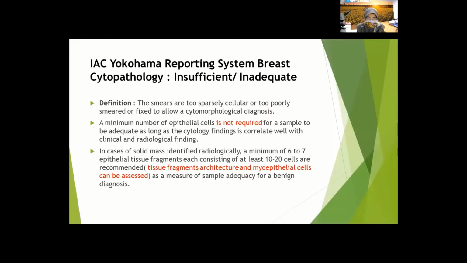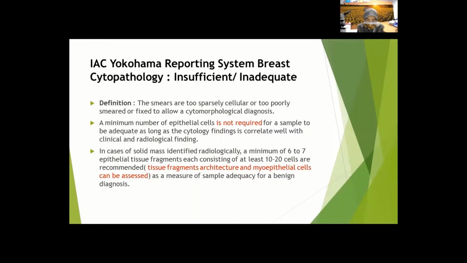So for insufficient or inadequate, basically they define the smears that are too sparsely cellular or too poorly smeared, or anything related to fixation that makes it unable to proceed with cytomorphological diagnosis. Now, a minimum number of epithelial cells is no longer required for a sample to be adequate, as long as the cytology finding correlates well with the clinical and radiological findings. However, in cases of a solid mass identified radiologically, they also recommend that we quantify a minimum of 6 to 7 epithelial tissue fragments, which consist of at least 10 to 20 cells.